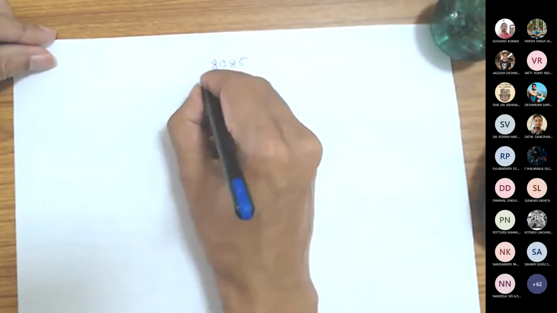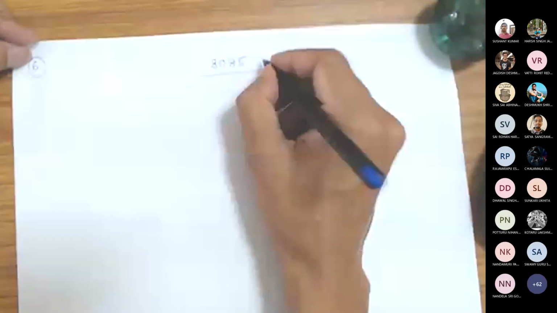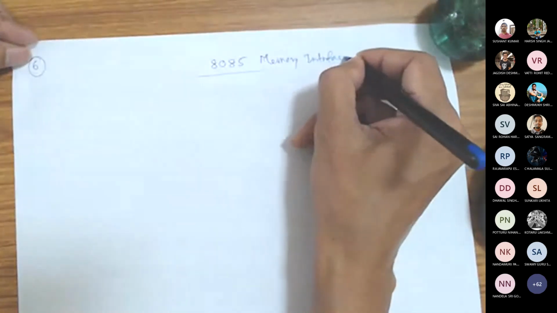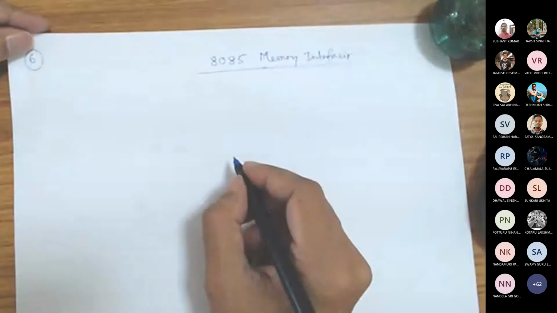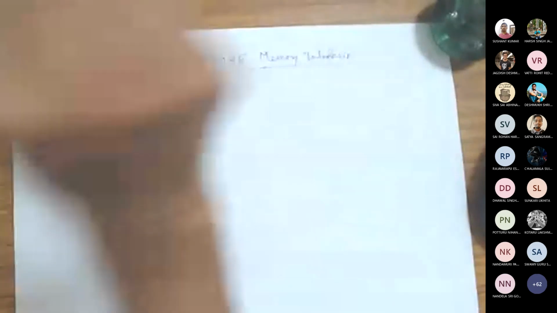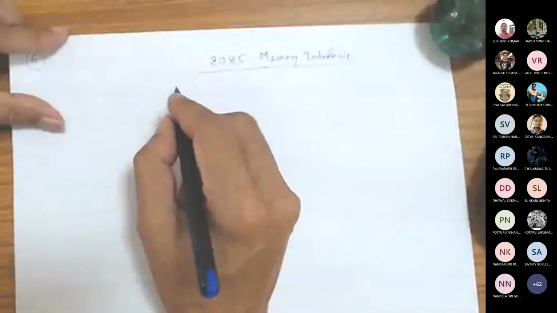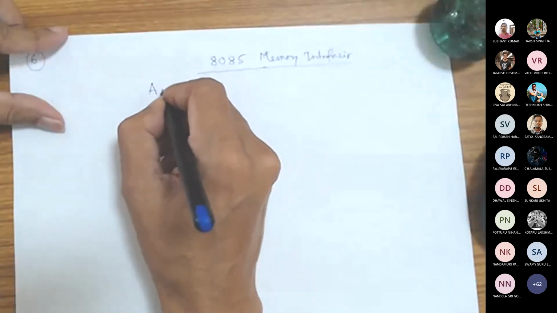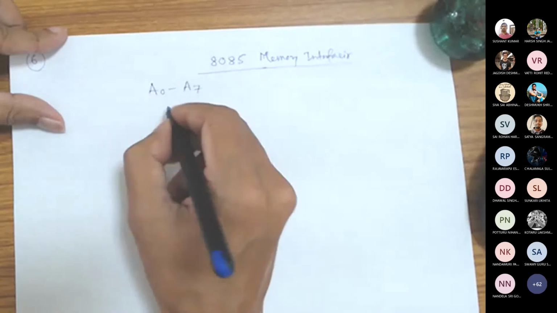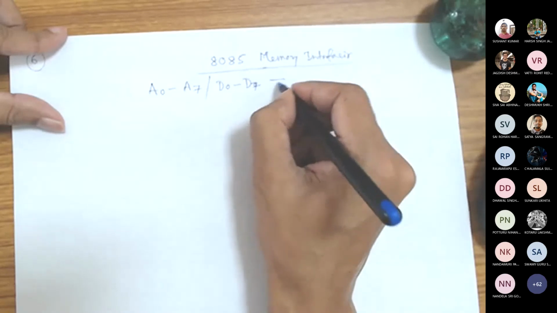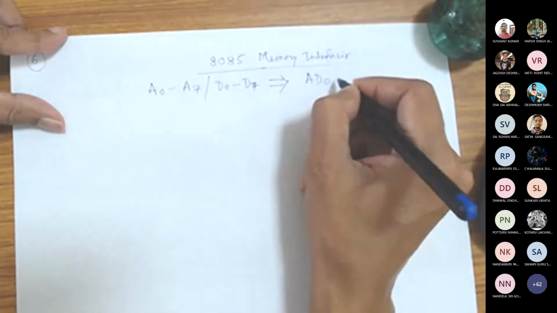So now let's take an example of 8085. It's completely an 8085 thing now. The 8085 has an interesting feature, which is latching of the address and data bus. For that you need additional signals. So the 8085 has A0 to A7, also D0 to D7, and these two are combinedly known as AD0 to AD7.